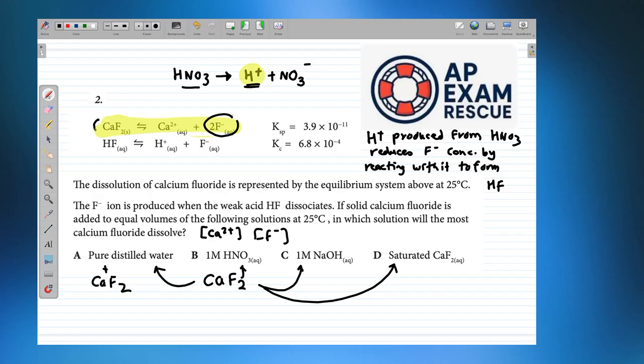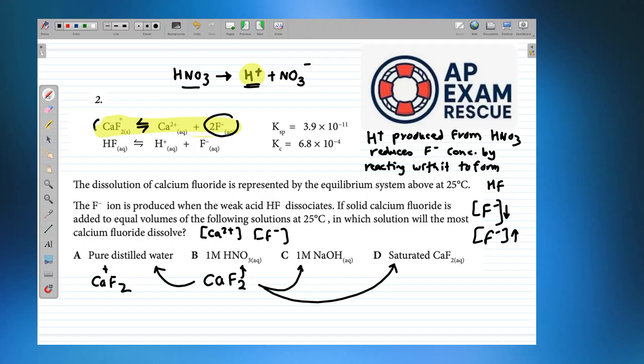It will increase the solubility, because when it sees that the F minus is decreasing, the system will try to increase the F minus. So which direction will it move, backward or forward?